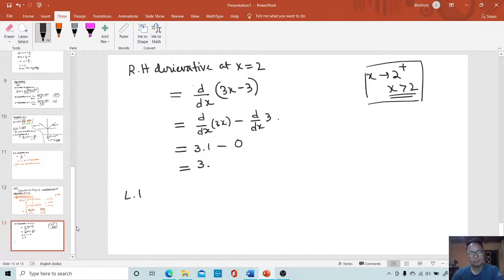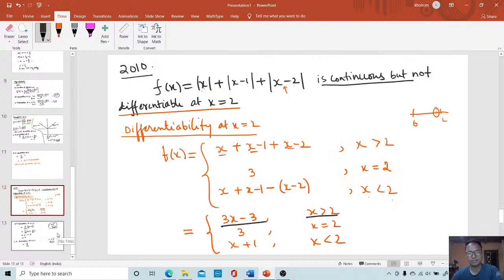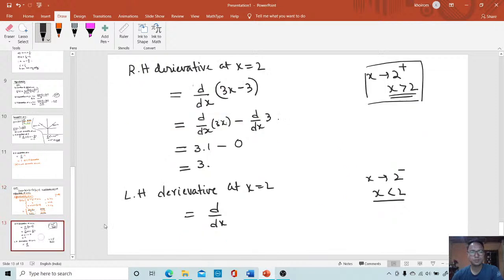Now the left hand derivative. As x tends to 2 minus, that is, x is less than 2, we take the function value for x less than 2, which is x plus 1.